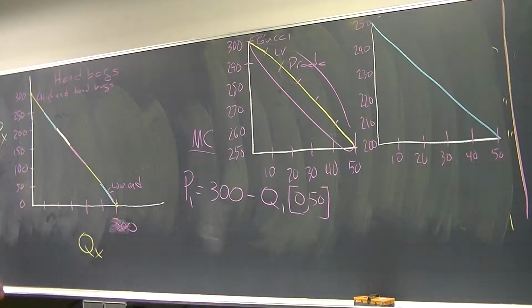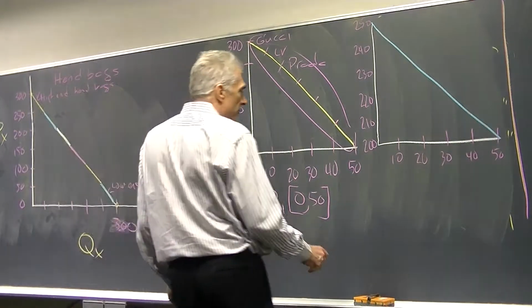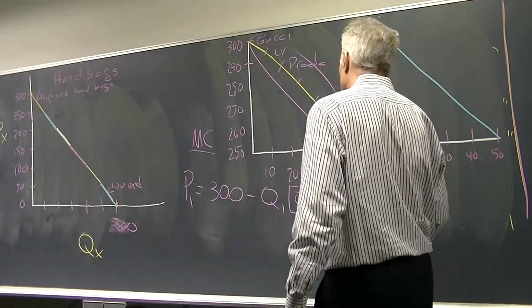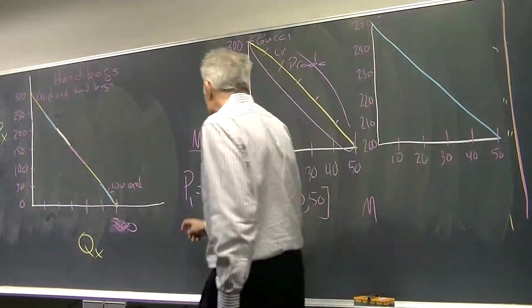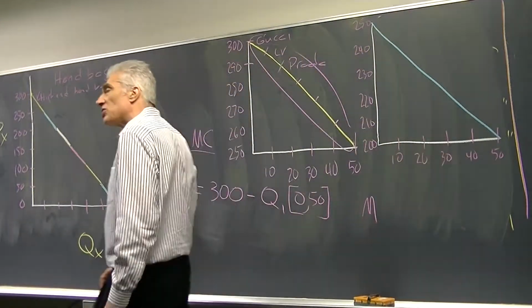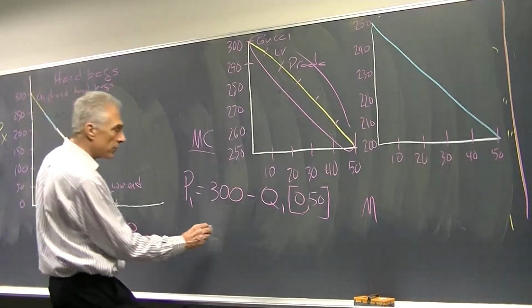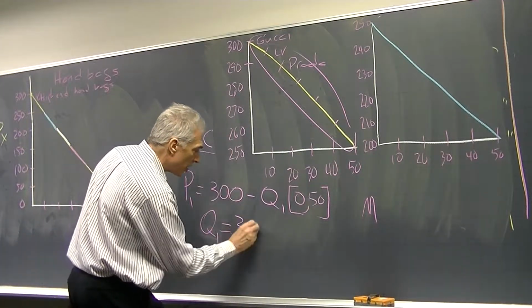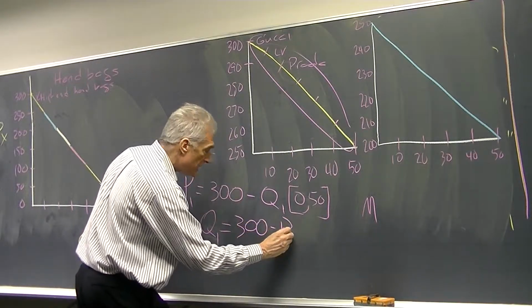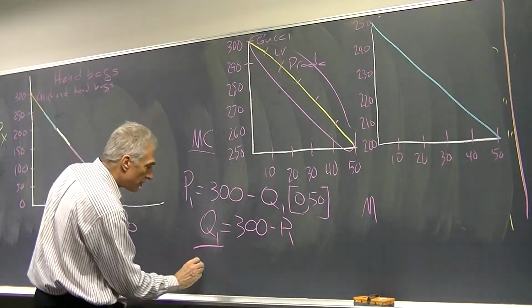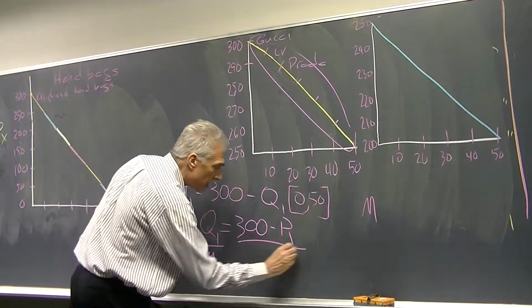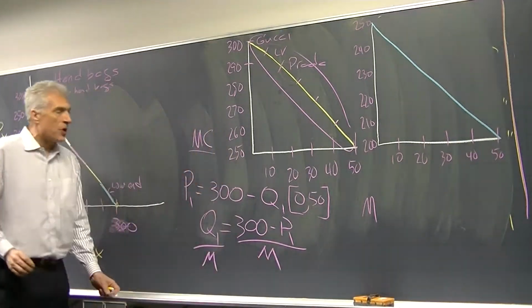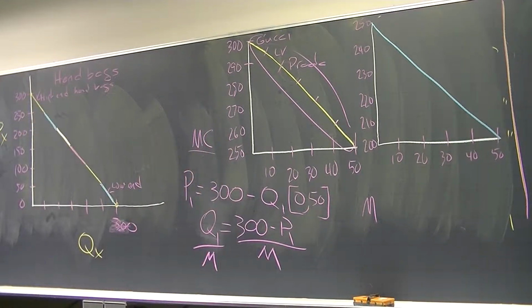So there's some range. Let's just say there's M firms. What's your equation for that? Say there's M firms in there, so it's Q in segment 1 equals 300 minus P1, and then the number of firms. This could describe one possible way to describe a single firm.